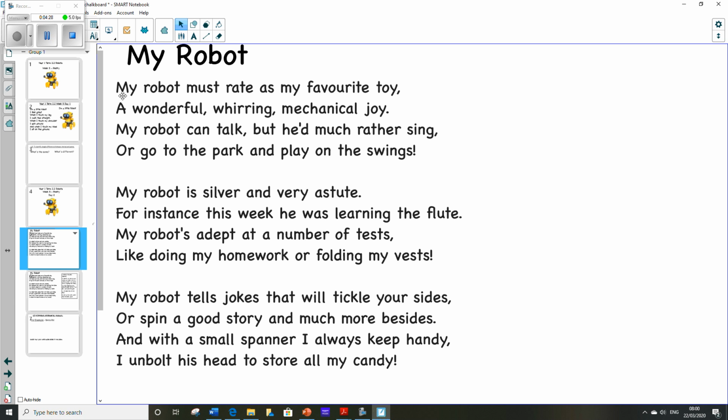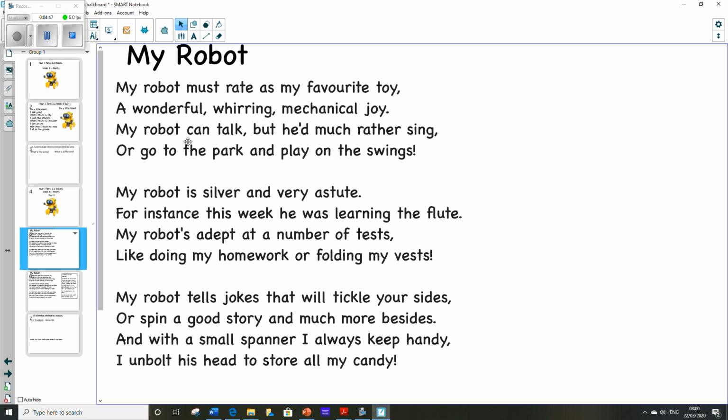So let's go together. My robot must rate as my favourite toy. A wonderful, whirring, mechanical joy.